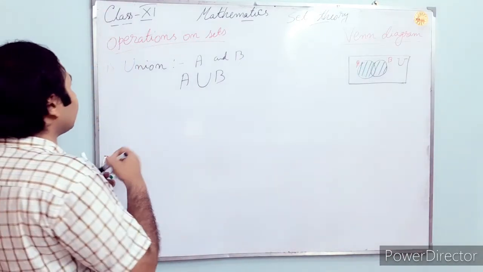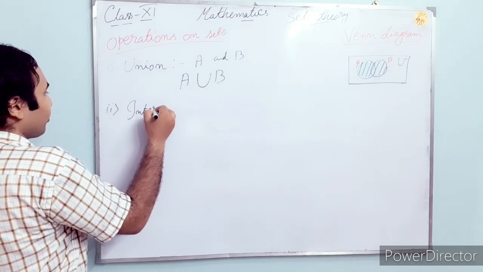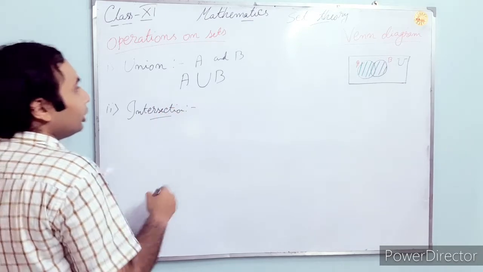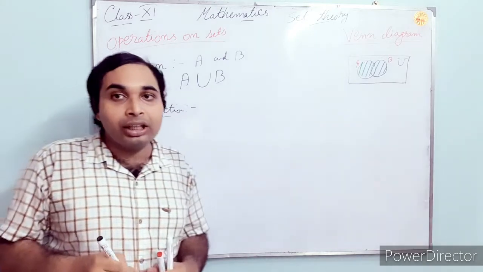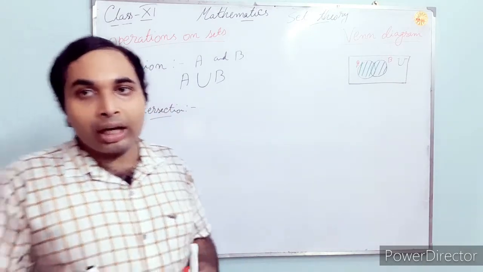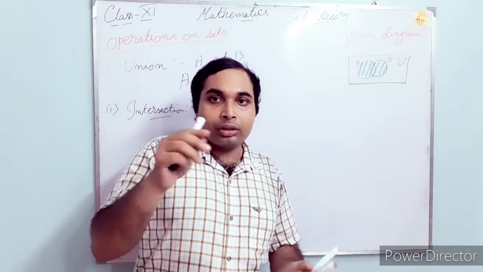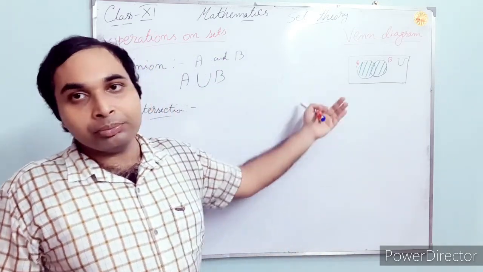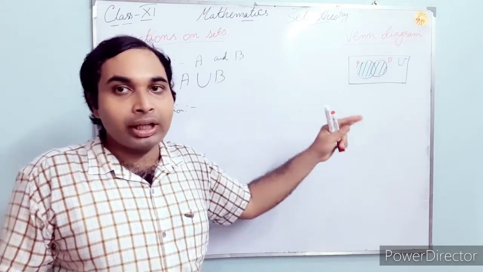Now the intersection. If A and B are two sets, then the collection of the elements which are both in A and B. In the union, it was either in A or in B. That means it can be both in A and B also.